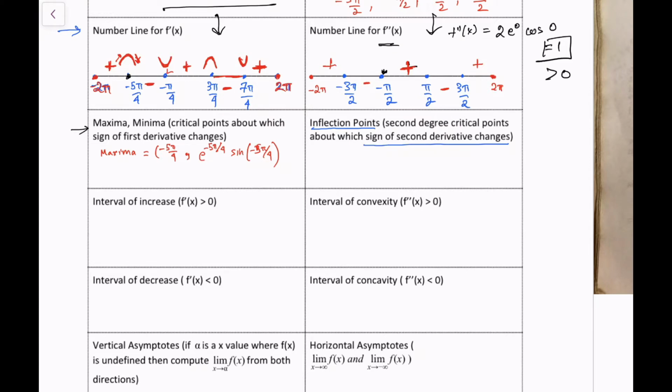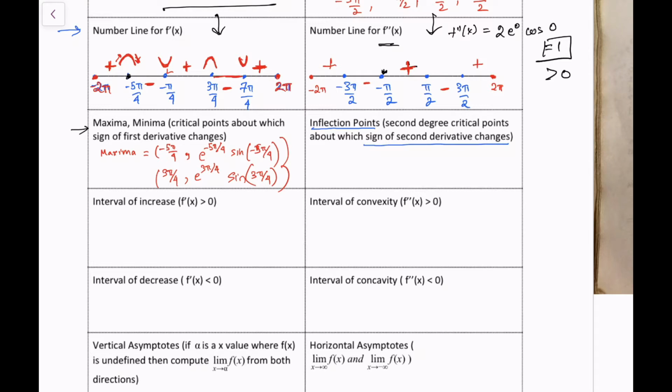So that is one of the maximas, obviously. The other maxima is at 3 pi by 4. So 3 pi by 4 comma e to the power 3 pi by 4 sine of 3 pi by 4. Similarly, you can record the minima here.